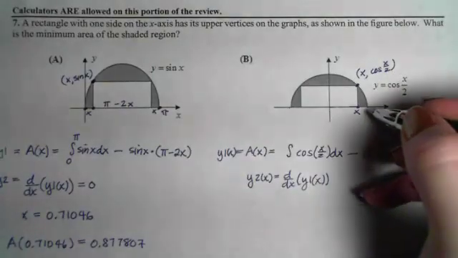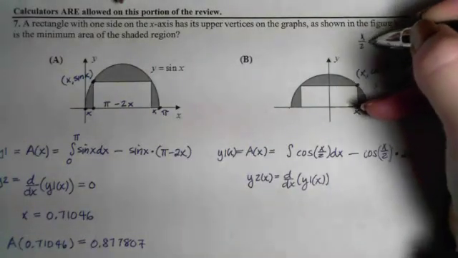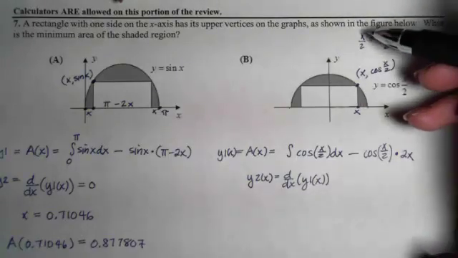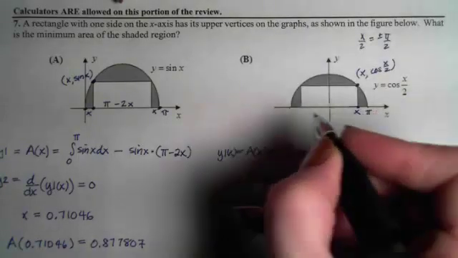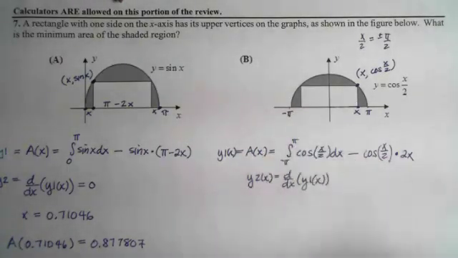So that means this is going to occur when the inside of the cosine, which is x over 2, equals plus or minus pi over 2. If I want to solve for x, I would need to multiply by 2, and I would cancel with this 2 and end up with positive pi or negative pi. So I get a negative pi and a positive pi.